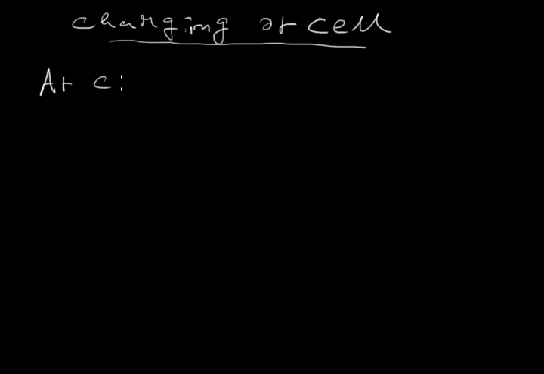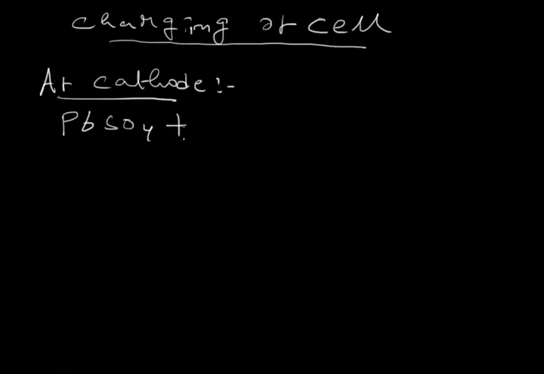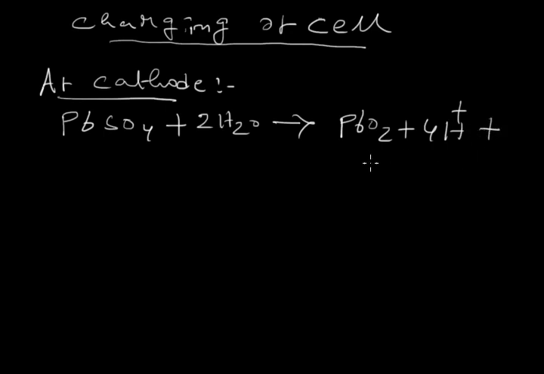At the cathode, the opposite reaction takes place, that is, PbSO4 reacts with water to form PbO2 plus 4H+ plus SO4 2- plus 2 electrons. Just the opposite reaction.